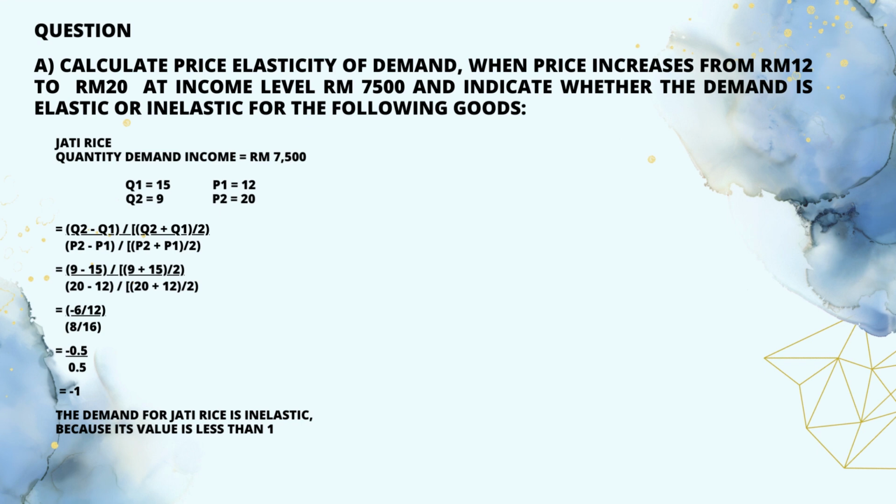For the answer, (9 minus 15) over (9 plus 15) over 2, per (20 minus 12) over (20 plus 12) over 2.